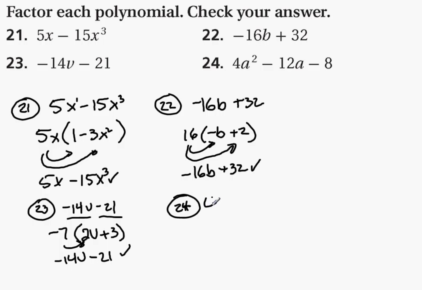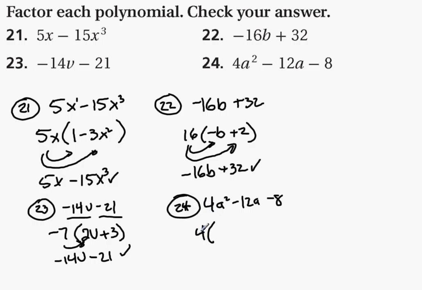Here I have 4a squared minus 12a minus 8. Looking at the numbers first, I say to myself, what is the largest number that fits in evenly into 4, 12, and negative 8? And you say, it's 4. Notice that a is not in all three terms, therefore it is not a common factor. So we're going to leave a alone.